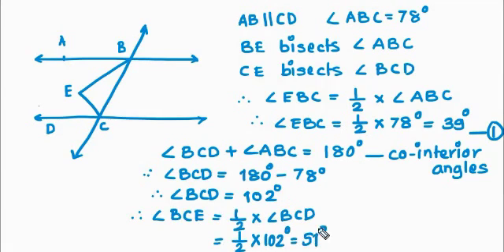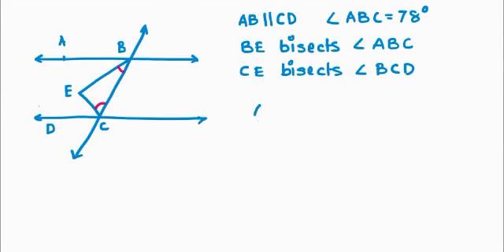So now what we have found out is, we have found out this angle, we have found out this angle. And now the remaining angle is this. And we know in a triangle, the sum of angles is 180 degrees.